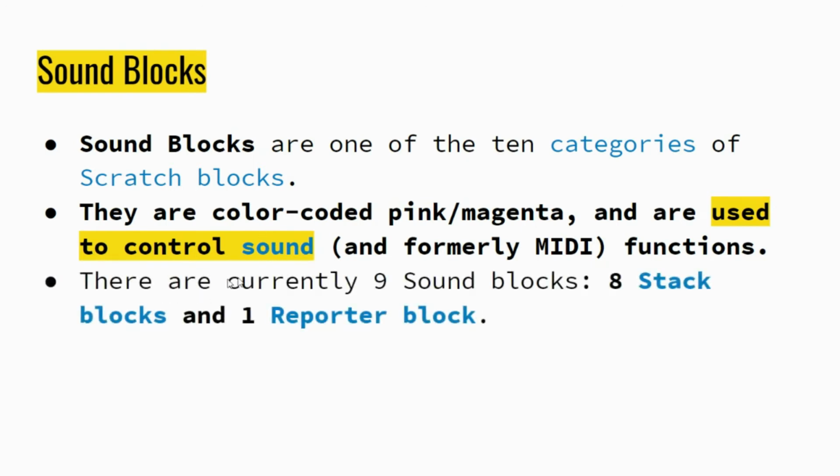There are currently 9 sound blocks, so there are 9 codes inside the sound blocks. We have 8 stack blocks and 1 reporter block, and the total of that is 9.